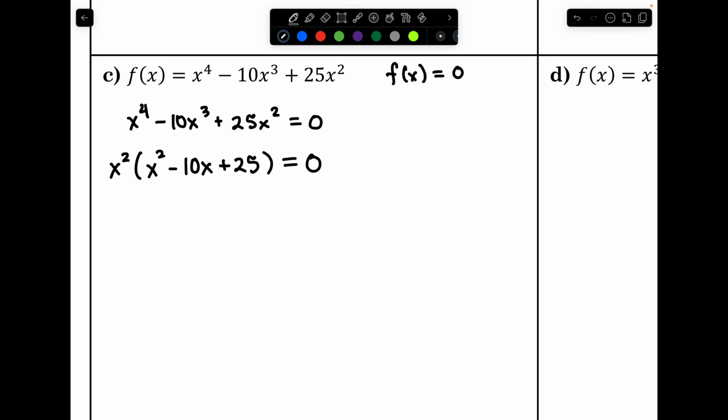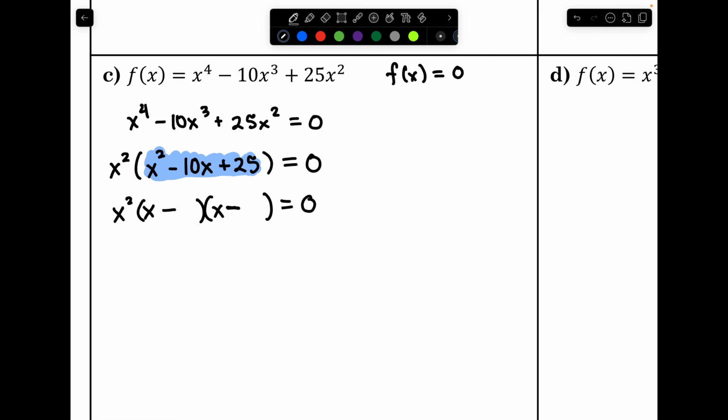Now, notice that your quadratic trinomial is found inside these parentheses. So we can factor this into 2 linear factors. Breaking up the x squared into x and x, the sign right here is negative, and a negative times a negative is positive.